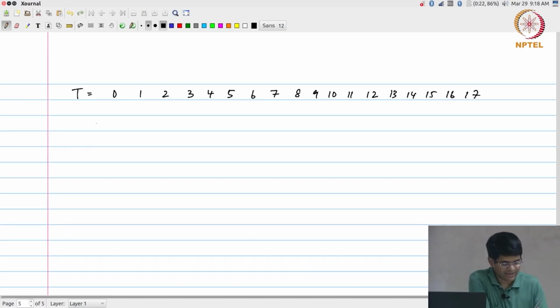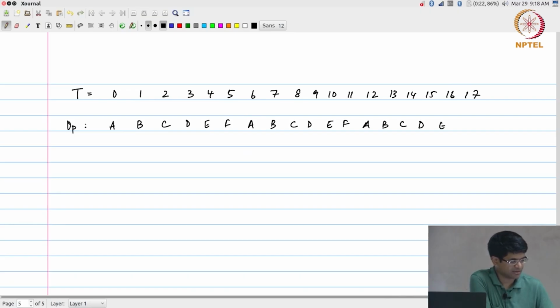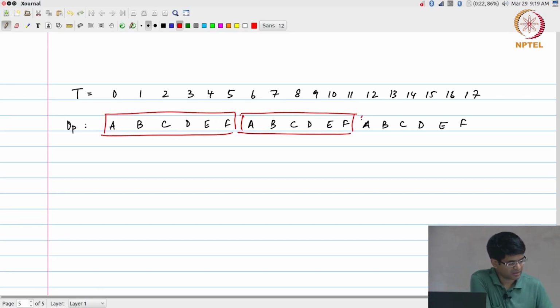Right, and I say I want to execute the operations A, B, C, D, E, F, A, B, C, D, E, F and so on. I want to basically get this kind of a pattern going. Right. This should be my block schedule.